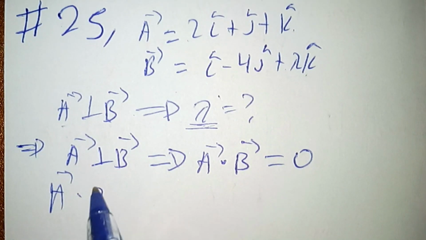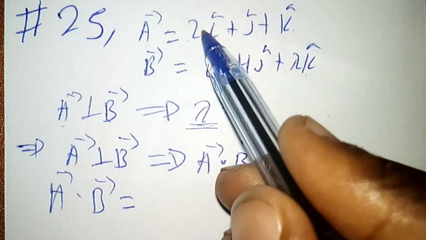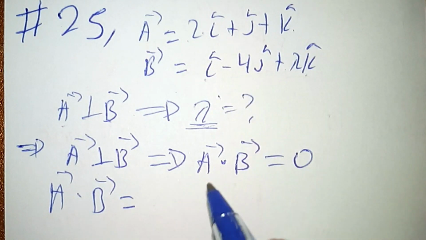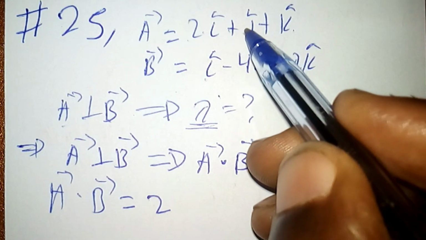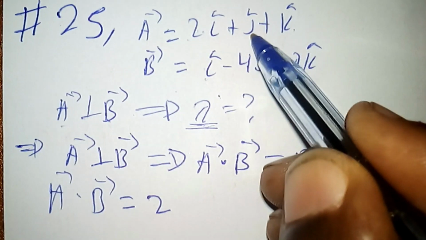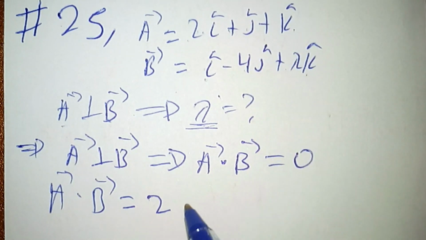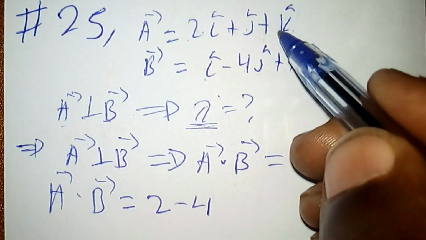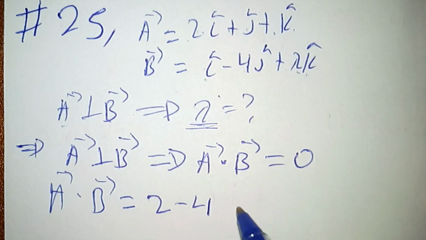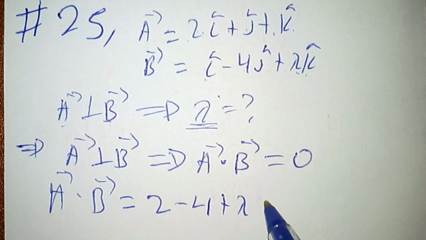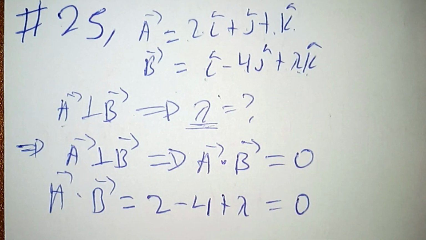This means a dot b is equal to ax and bx multiplied together, we have 2 times 1 is 2, and 1 times minus 4 is minus 4, and 1 times lambda is plus lambda, which must be 0.